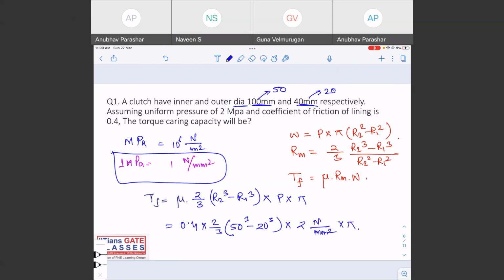Let us try to calculate this. 0.4 into 2 divided by 3 into (50 to the power 3 minus 20 to the power 3) into 2, into pi.